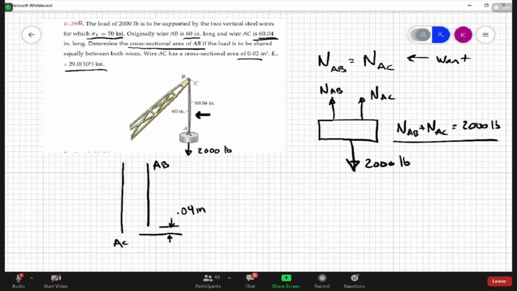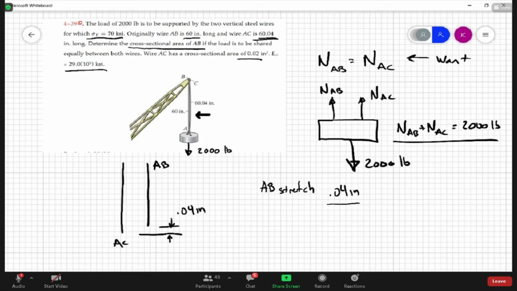So what happens when you load this up is first, AB is going to stretch 0.04 inches, and there will be no stretching in wire AC. Then at that point, after AB stretches the 40 thousandths of an inch, now they're both the same length. AC is going to tension up and then start to stretch, okay?